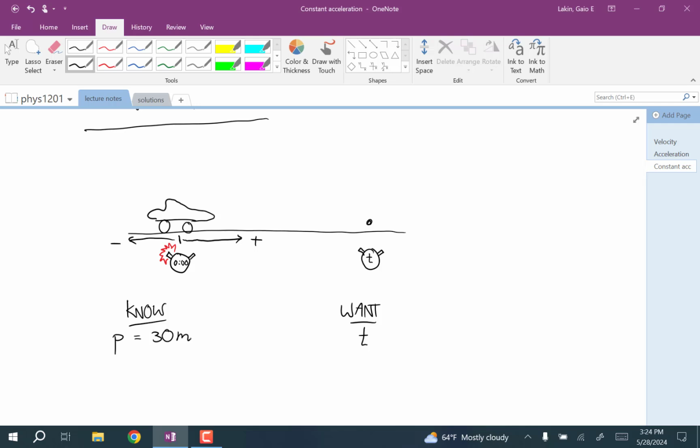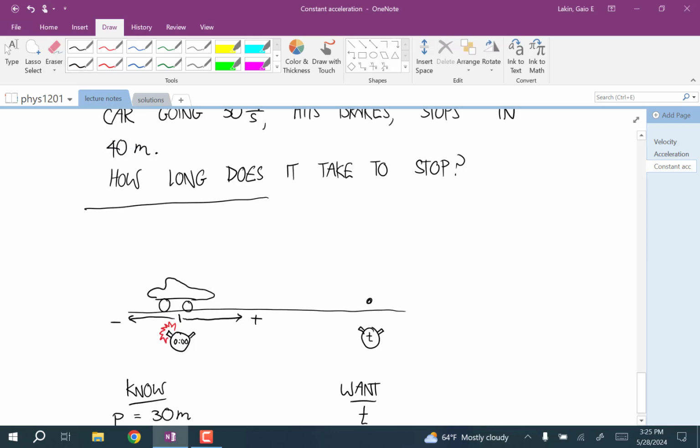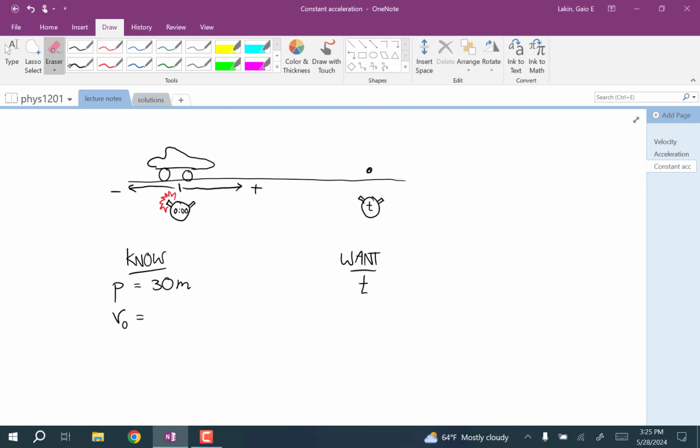Next, what about the velocity at time equals 0 when you turn on the stopwatch? We know that. Oh, sorry, I wrote this wrong. This should be 40 meters.